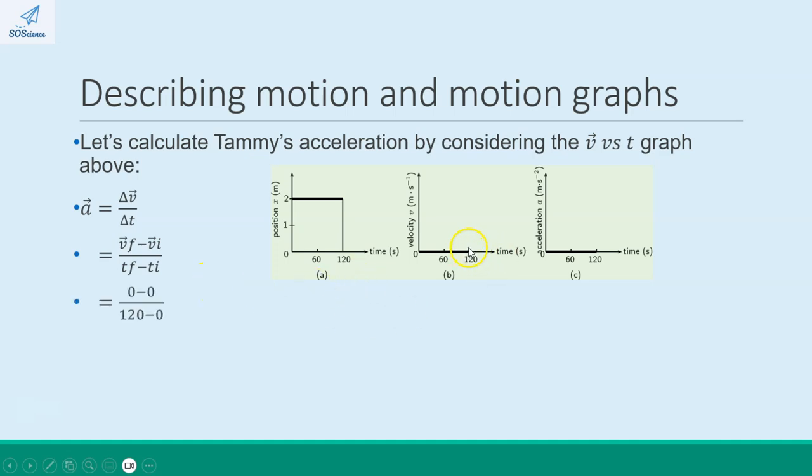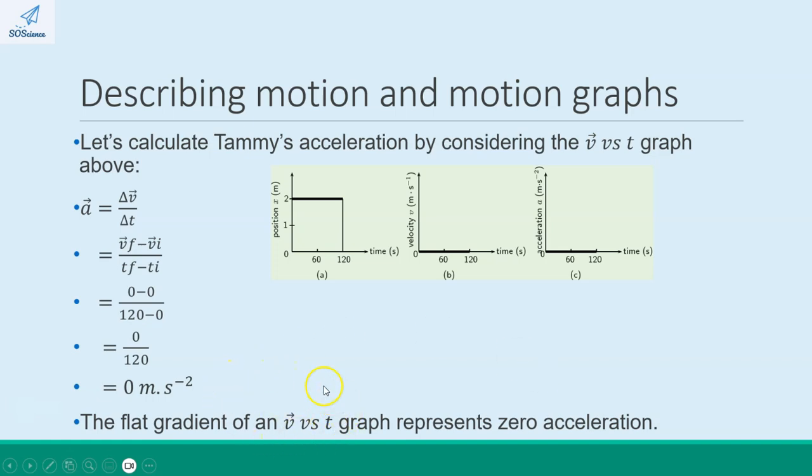Now, Tammy's final velocity is 0 meters per second and her initial velocity is 0 meters per second. Her final time is 120 seconds and her initial time is 0 seconds. So that gives us an acceleration of 0 meters per second squared, which then translates into this graph over here.